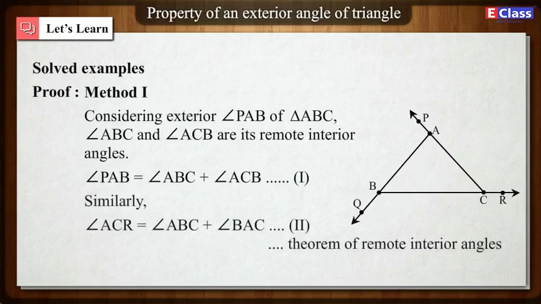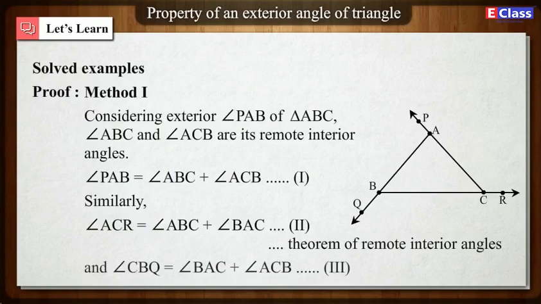Similarly, angle ACR is equal to angle ABC plus angle BAC. Let us mark it as equation 2 by theorem of remote interior angles. And angle CBQ is equal to angle BAC plus angle ACB. Let us mark it as equation 3.